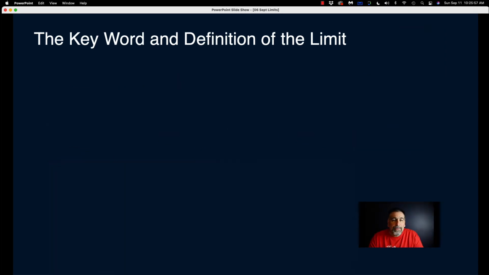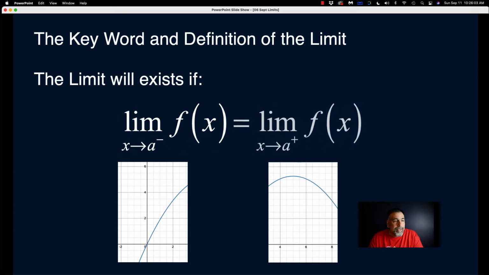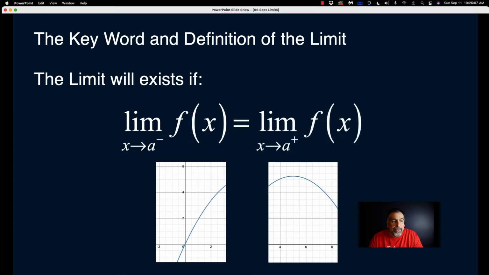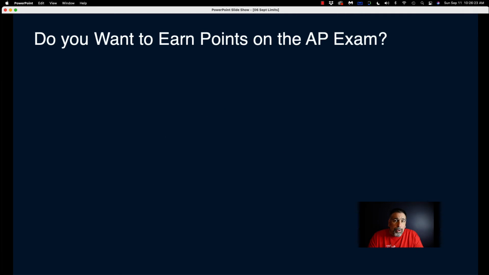If we think of it graphically, the limit will exist if the limit from the left is equal to the limit from the right. What that means is when we come from the left side and we come from the right side, those two places will agree. We'll find the value there, that will be our guess, and that will say that the limit exists. If you want to earn points on the AP exam, this is what you have to know.